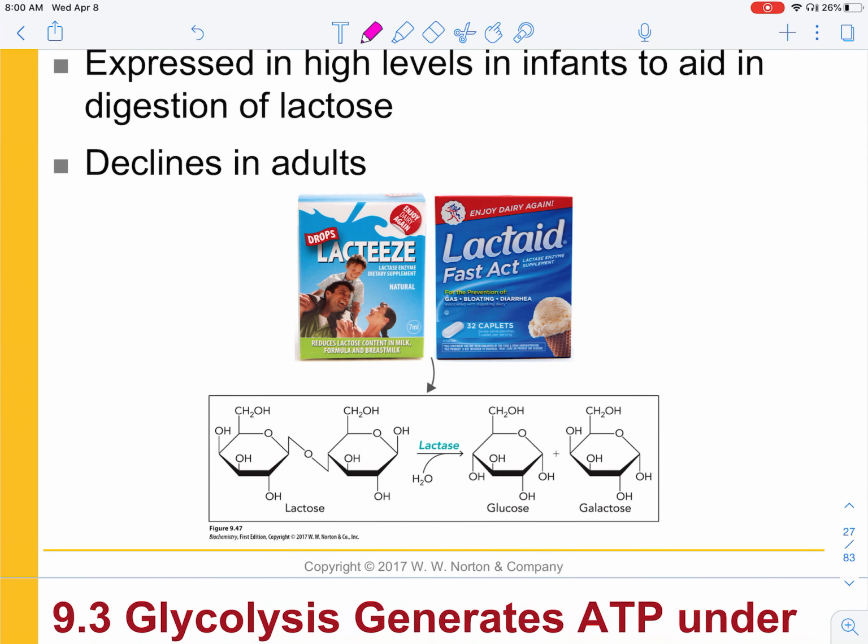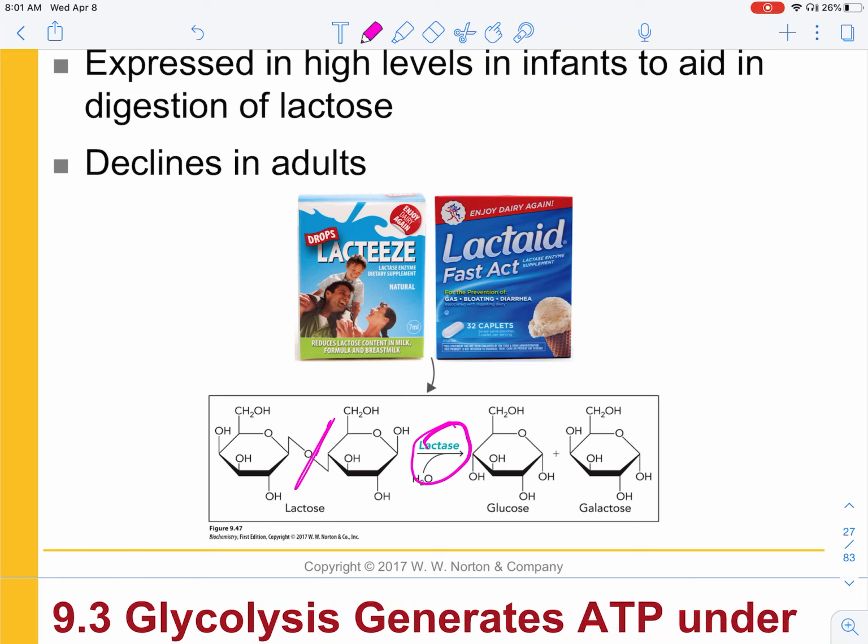And the breaking of this bond: lactose is a disaccharide, so it has two of these, glucose and galactose. Whether we can break this bond depends on an enzyme called lactase. We all have that enzyme as an infant, and then most of us tend to lose it as we go into adulthood because there's no reason to digest milk.